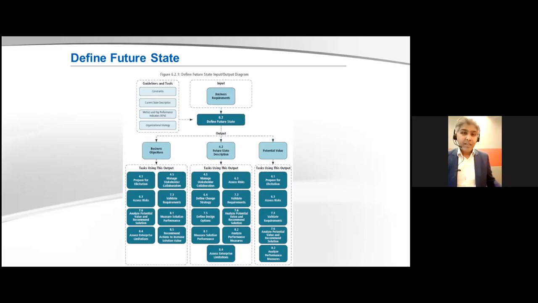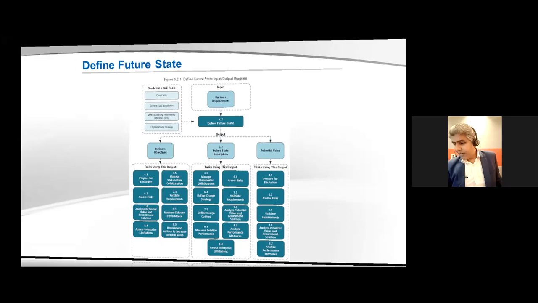So again, whatever we analyzed in the current state, our business processes, our tools and techniques, our technology, our infrastructure, our skills and capabilities, the same thing you have to define. The current state was analyzed, you evaluated where you are. But in defining the future state, you define where you will be. So this is very important: defining a future state.